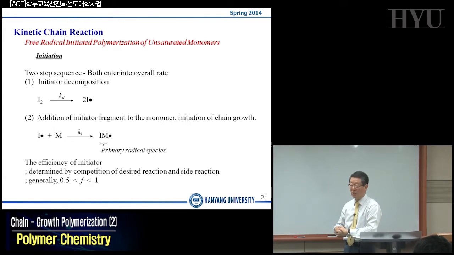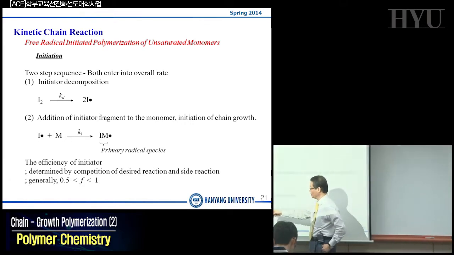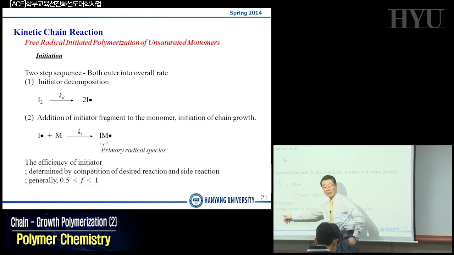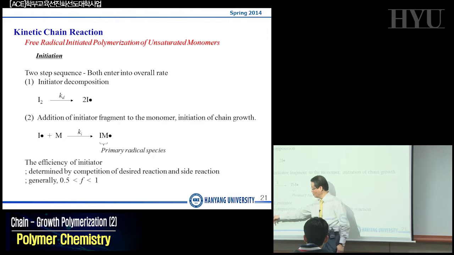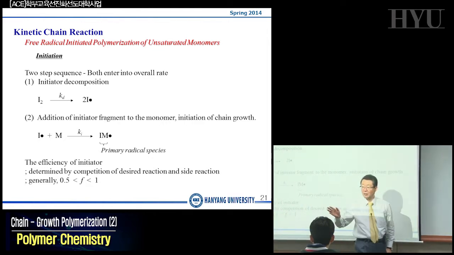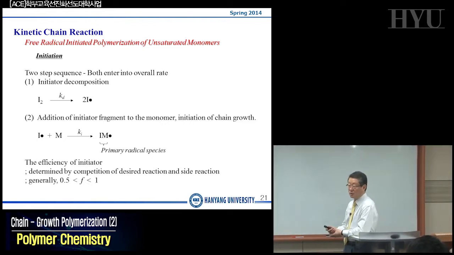So we describe F, initiator efficiency factor, and it could be 1, which means 100% of the initiator will participate in the polymerization reactions, whereas if the initiator efficiency factor is about 0.5, you lose 50%, whereas another 50% will participate in the polymerization reactions.